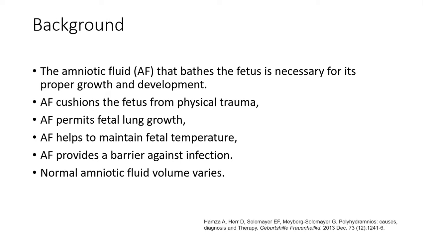Very often the question is what's the normal amount of amniotic fluid, because we will speak about the increased amount of amniotic fluid and the lower level of amniotic fluid. But it's different in different pregnant women.